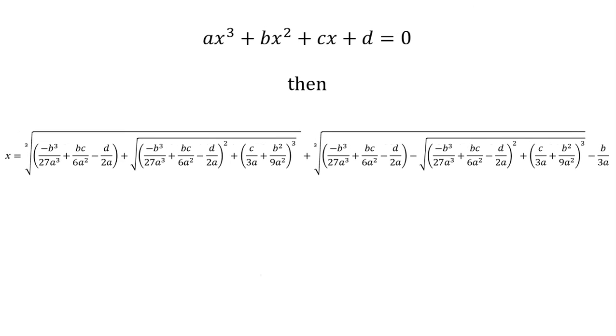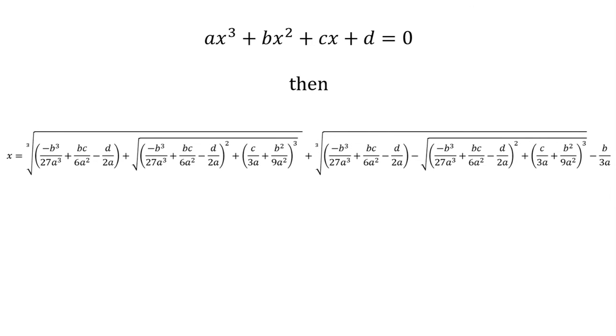Do you think you can memorize that? I don't think I could. Look at that beast. That's the cubic formula. So a cubic, you can see, is ax cubed plus bx squared plus cx plus d equals 0. That would be the formula.